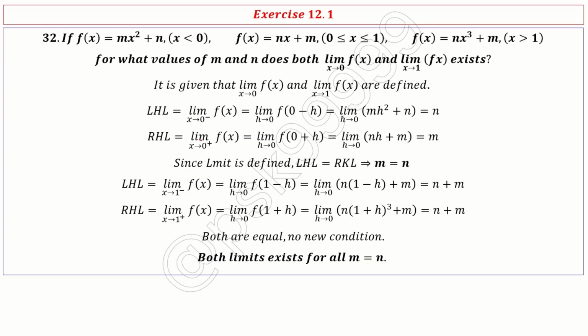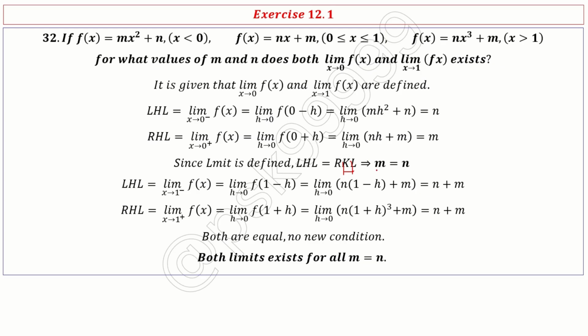The RHL is similarly for 0 plus, which means x is more than 0, so n x plus m is the value, correct? So the limit as h tends to 0 of f of 0 plus h is n h plus m. h is 0, so the value is m. Now, since the limit is defined at 0, these two values should be equal. LHL should be equal to RHL. So many mistakes.